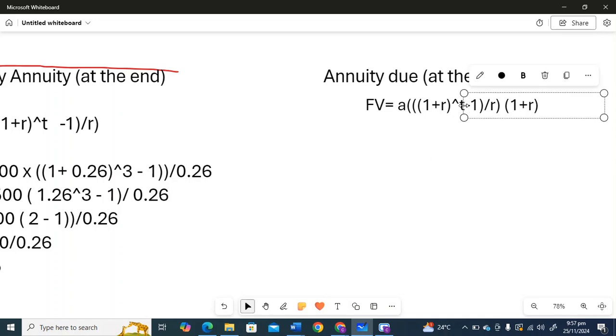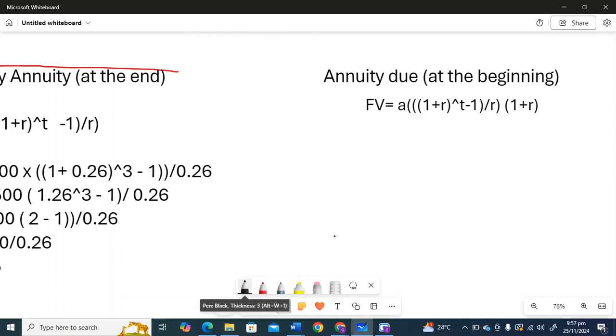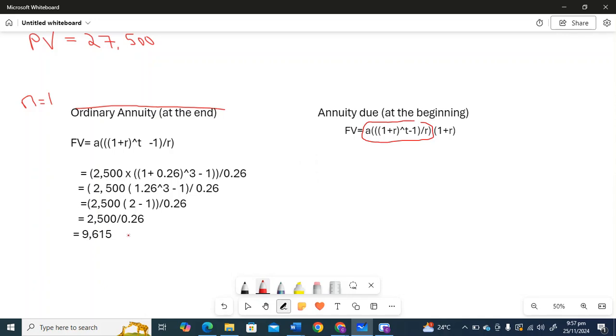We already calculated the first part of this formula, and we got 9,615.